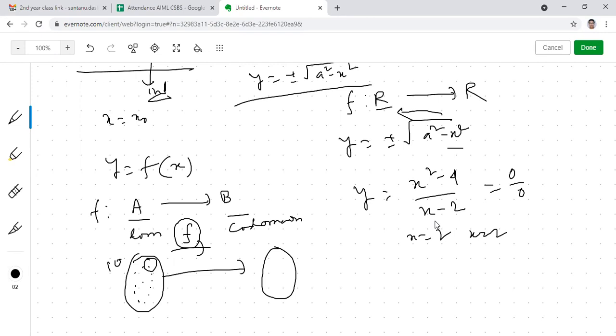If I put x equals 1 here, I'll get the exact value of the function, but if I put x equals 2, I won't get any exact value. So that's why limiting value means actually the approximated value. Since the exact value at x equals 2 doesn't exist, we need to take the limiting value, or approximated value, of the function at x equals 2.